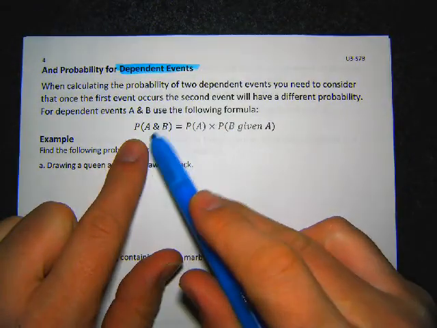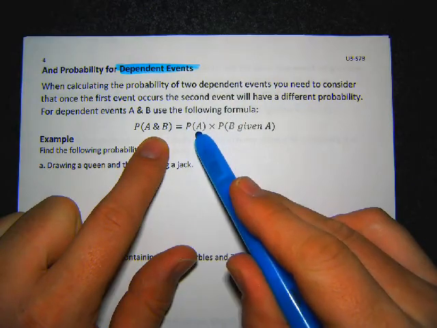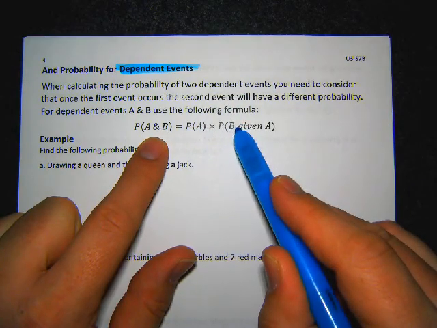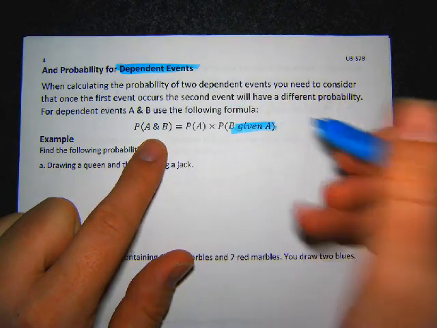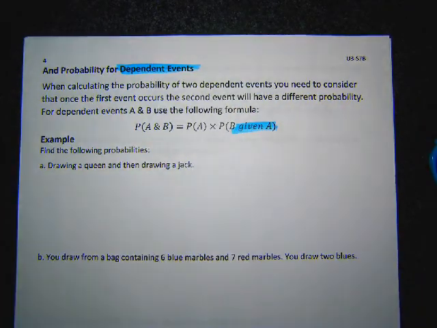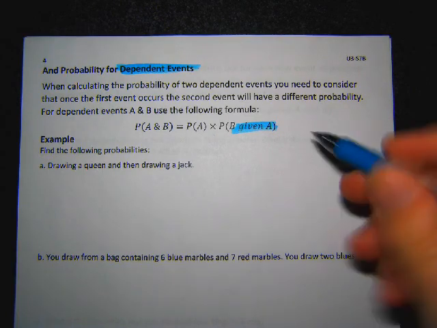We say to find the probability of A and B, find the probability of A times the probability of B, but the big difference is now you have to worry about that given A. That's the only difference in the formula. Otherwise, it's the same formula. It just says that for the second step, you have to think about what happened on the first step, how that first step changes the probability, because they're dependent on each other. The first one affects the second one. So that's the only difference.